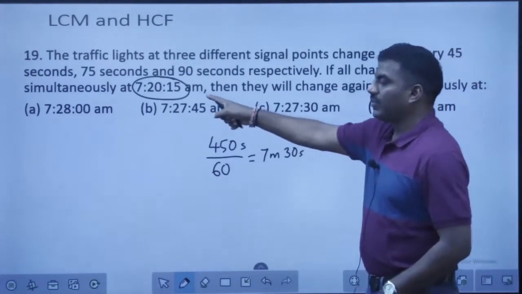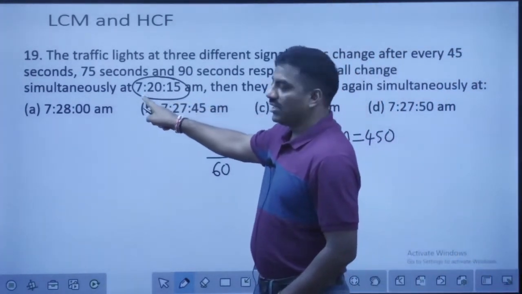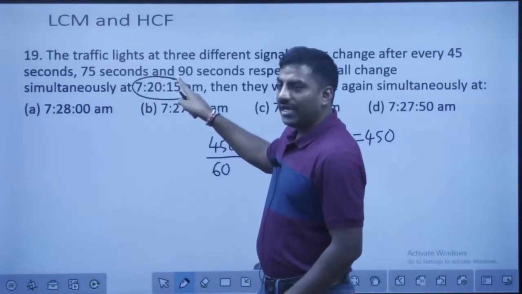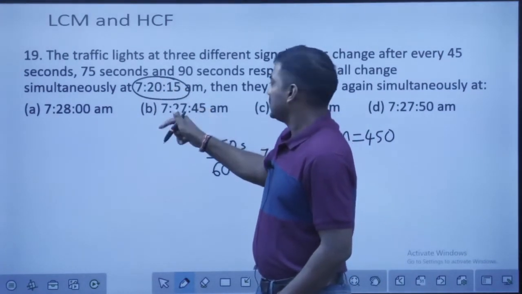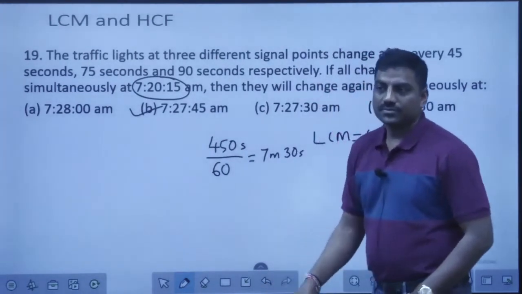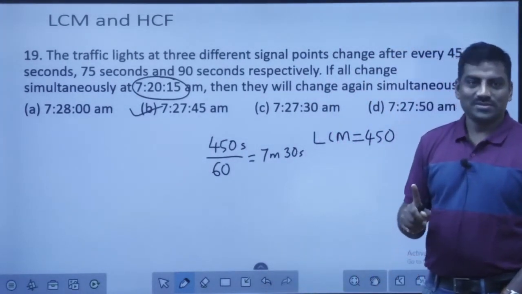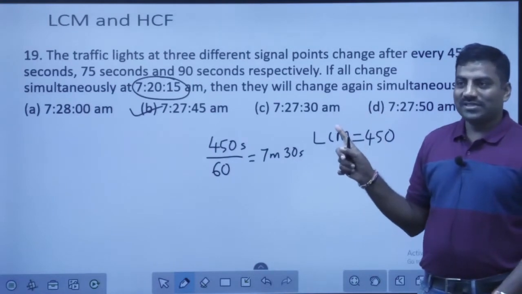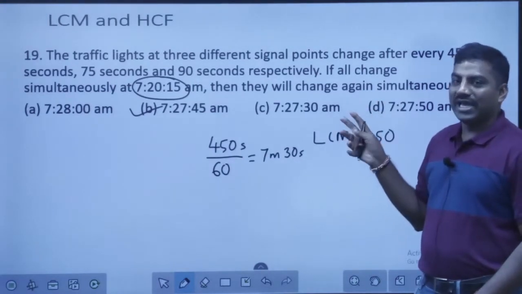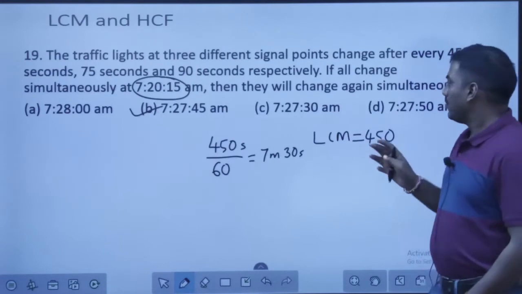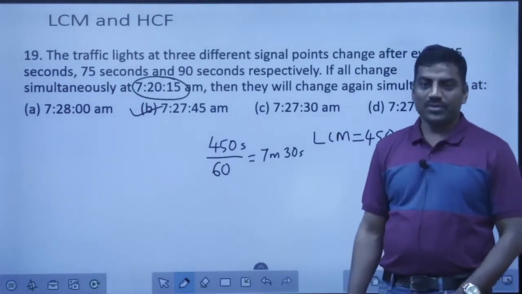So add 7.5 minutes to this. 7 hours, 27 minutes and 45 seconds. And you have to be careful about AM, PM also. In the same question, there can be the same options with AM and PM. Please be sure about that.